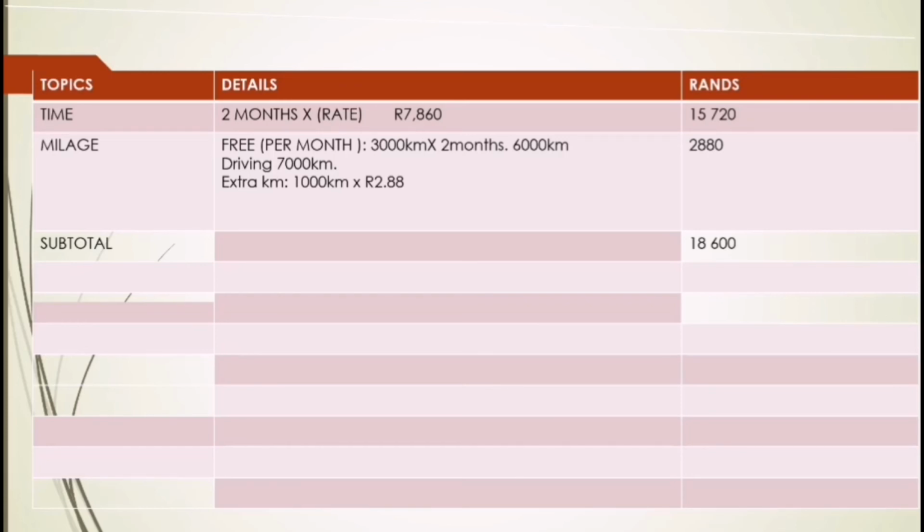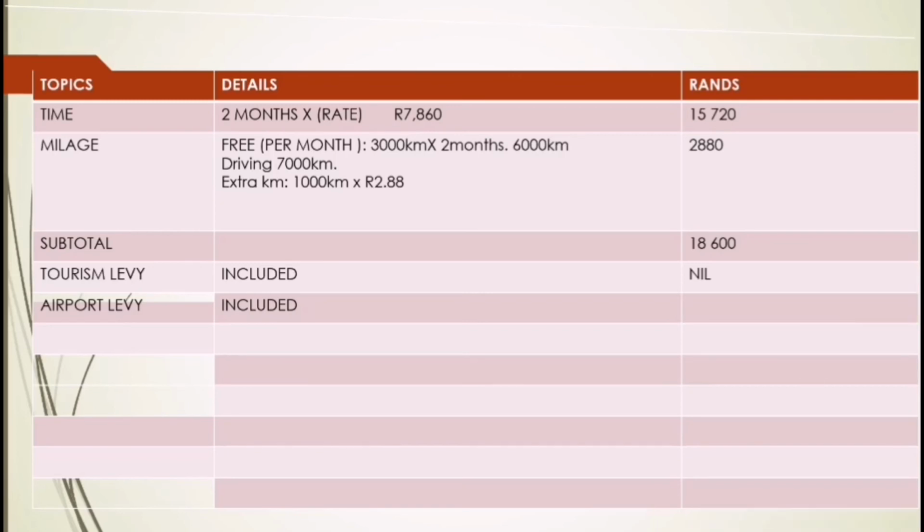The next heading says subtotal, and your subtotal will basically be your time plus mileage amount totals, which added up to 18,600. And then from there you have your tourism levies. If it is included, you just write it is included, so you don't write any amount, you just write nil.